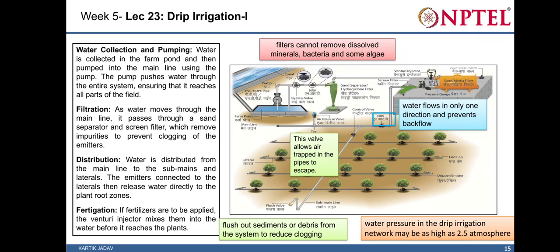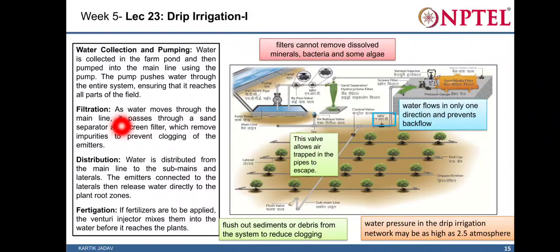And we already know that drip irrigation is designed with a control head unit and a distribution network. In this, generally, there is water collection and pumping. Water is collected from the farm pond and then pumped into the main line using the pump. So water is collected in the farm pond, which we have to design, and then through the pump it is delivered to the main line and sub main line.